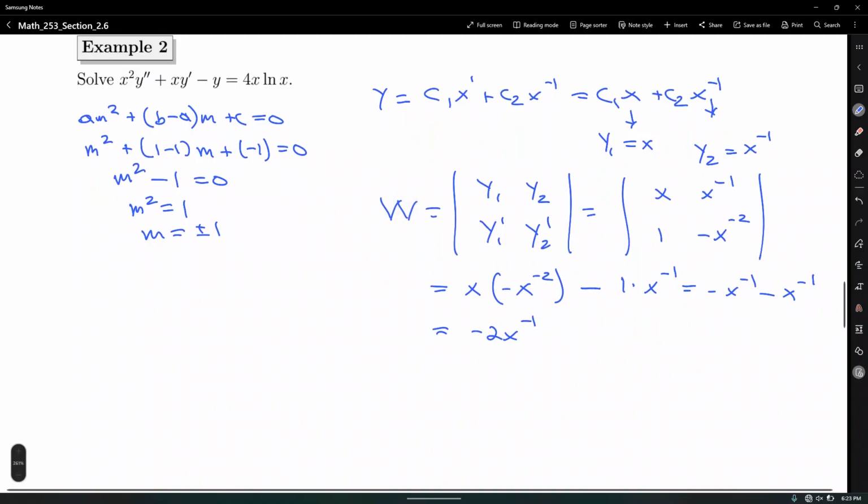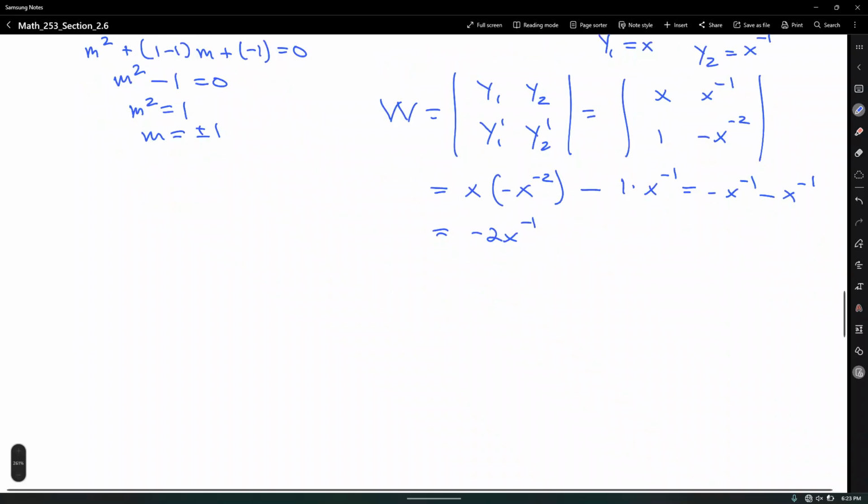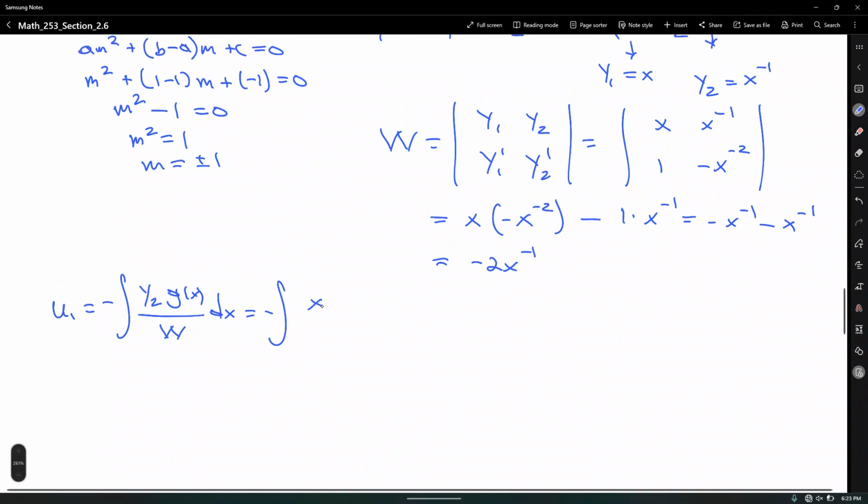Now let's evaluate the two integrals from variation of parameters to get the combination u1, y1, u2, y2. So u1 equals the integral of y sub 2 times g of x over the Wronskian, dx, which is the integral of y sub 2, x to the negative 1, times g of x.